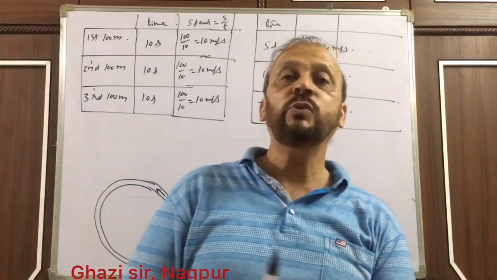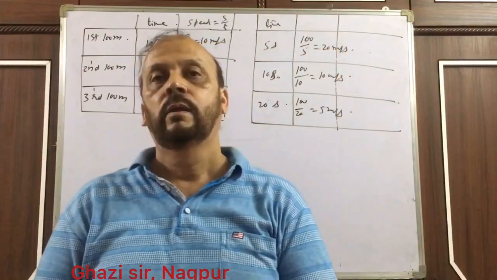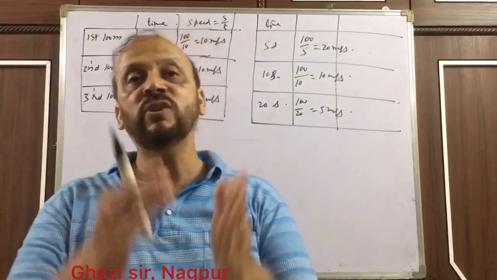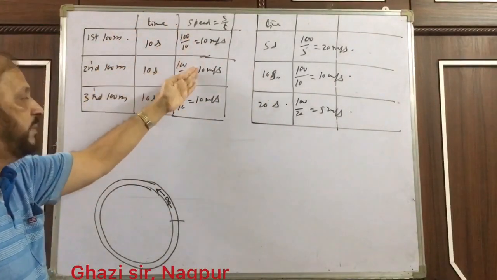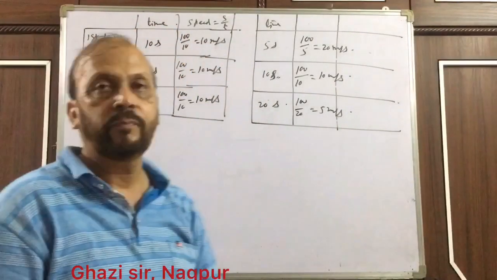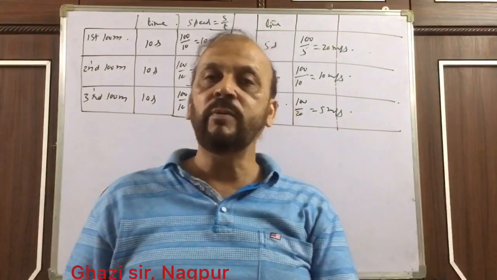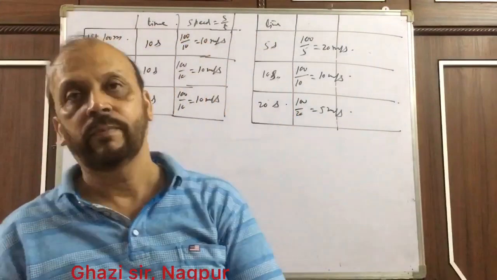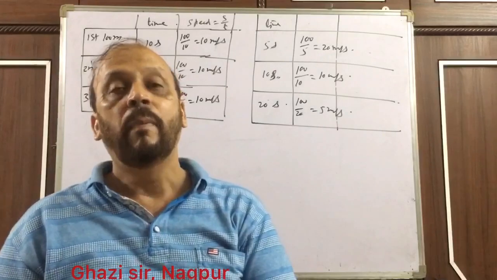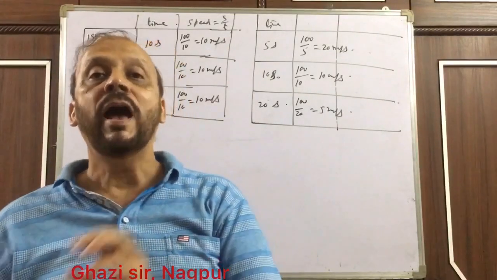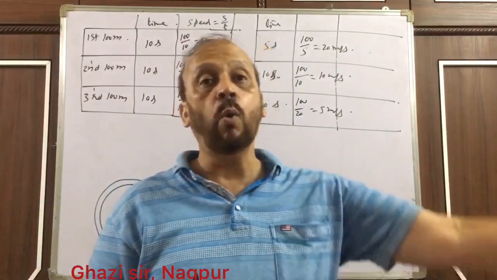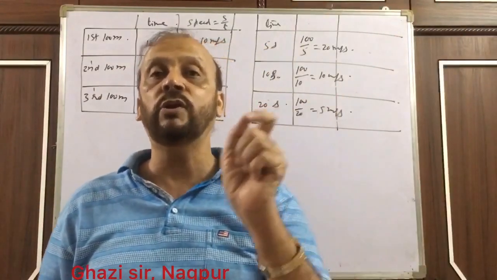If motion is uniform, then average speed will be the same as it was for each case, 10 meter per second, 10 meter per second, 10 meter per second. So average will be the same, that is 10 meter per second. But for non-uniform motion, average speed is equal to total distance travelled upon total time.